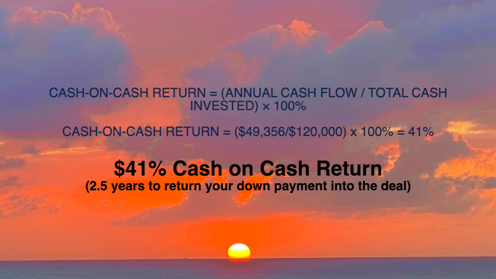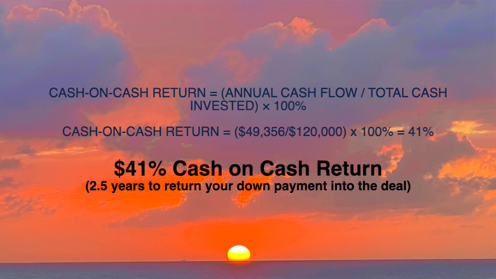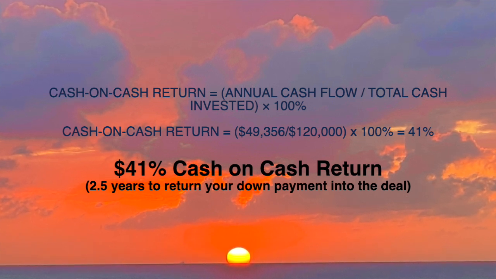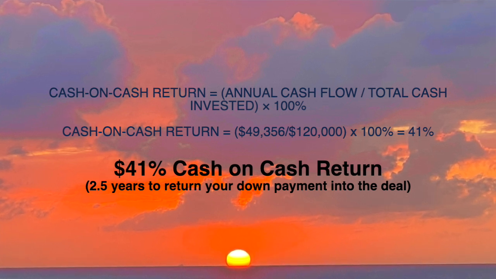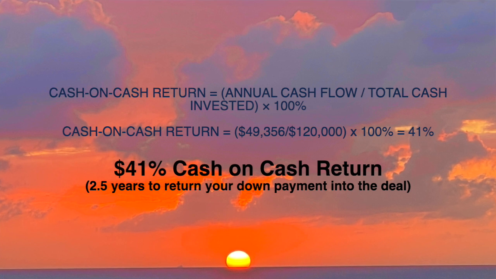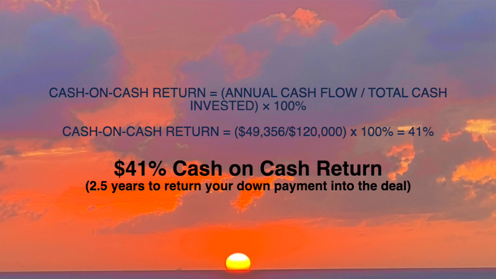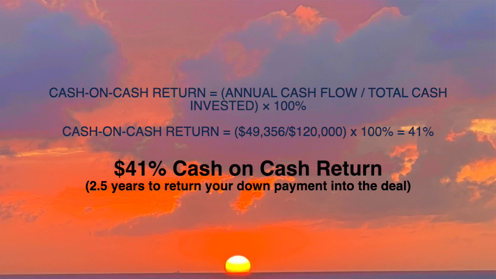For us, it was our down payment of $120,000. So if we take our $49,356, divide it by $120,000, and then multiply it by 100 to get our decimal points in place, that is a whopping 41% cash on cash return, which means the investor is probably going to make their money back in about 2.5 to 3 years, barring extenuating circumstances. 2.5 to 3 years. That is a pretty good deal.